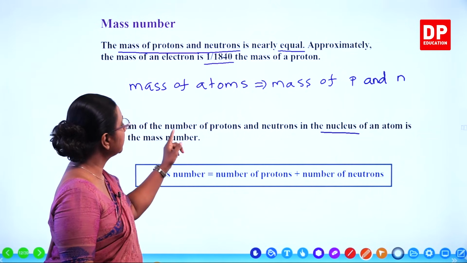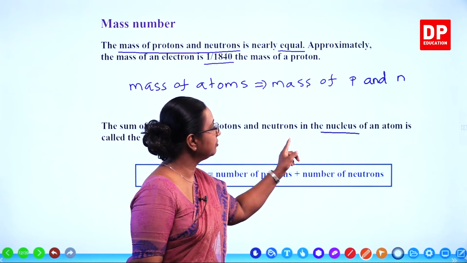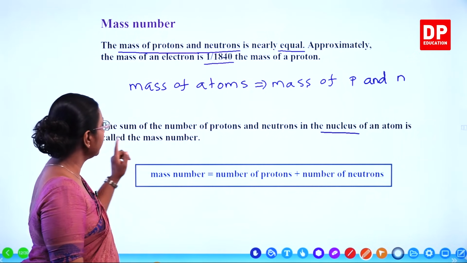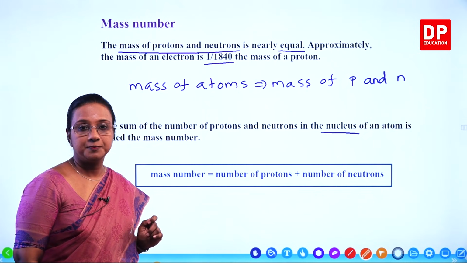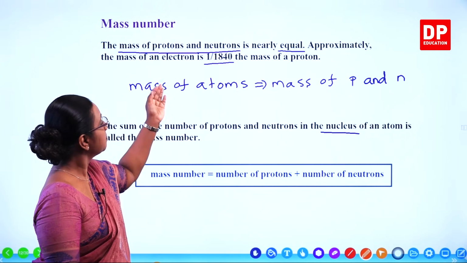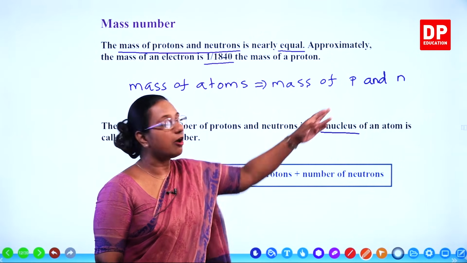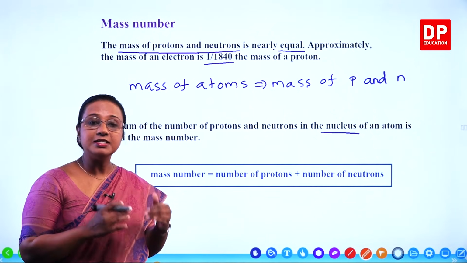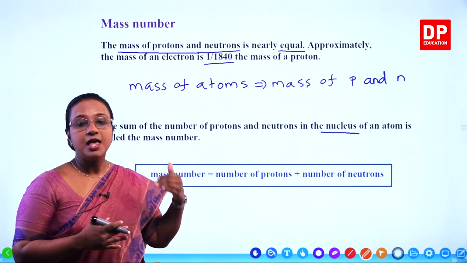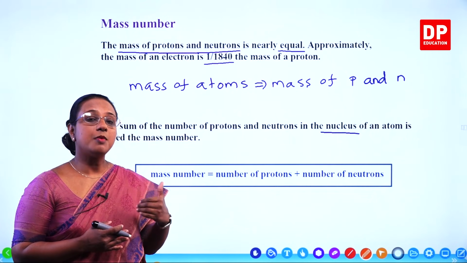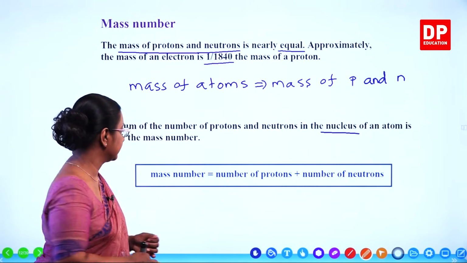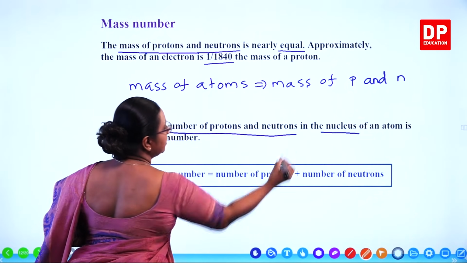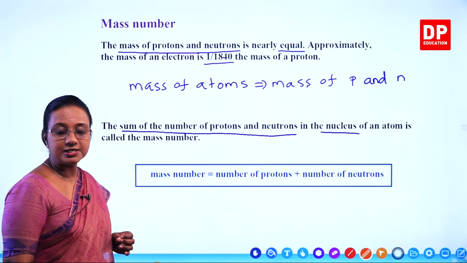The sum of the number of protons and neutrons in the nucleus of an atom is called the mass number. So as you can see, mass is obtained only from protons and neutrons, and they are contained within the nucleus. Therefore, the mass number of an atom is defined as the sum of protons and neutrons in the nucleus of an atom.